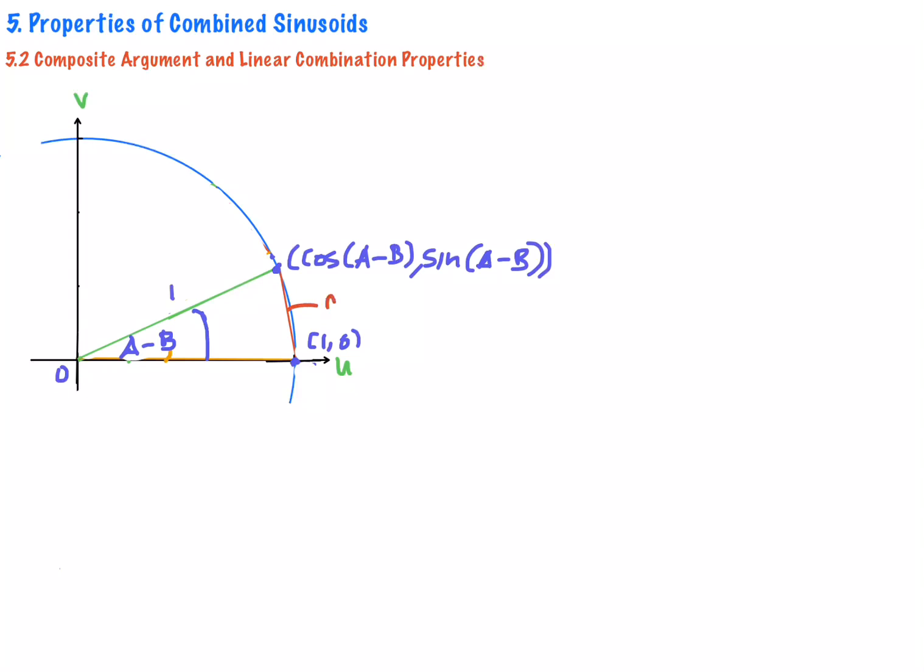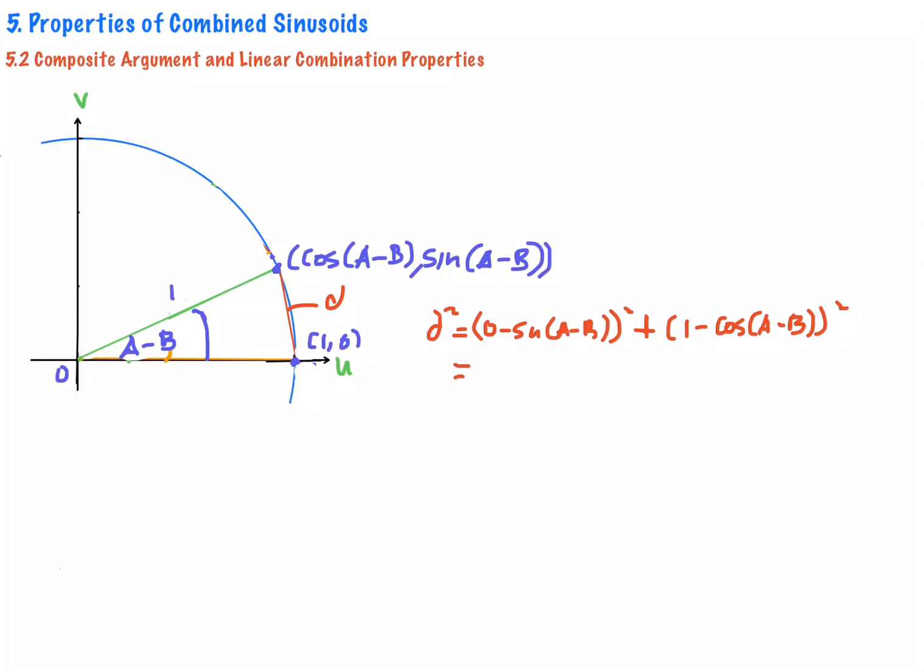So the d, same as before, let's treat this as x2, y2 and this as x1, y1, and we'll have d squared equal to (0 minus sin(A minus B)) squared, plus (1 minus cos(A minus B)) squared, by the distance formula.